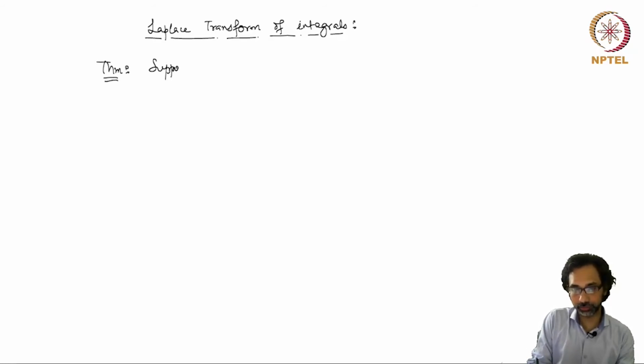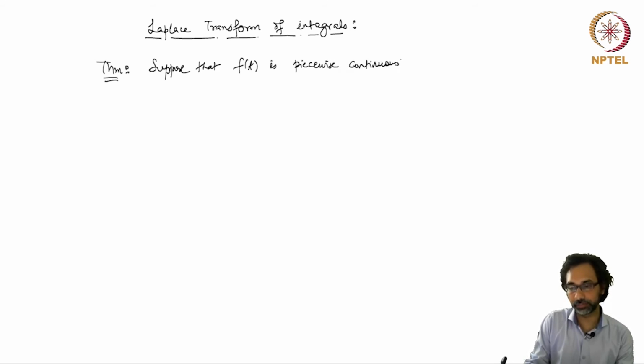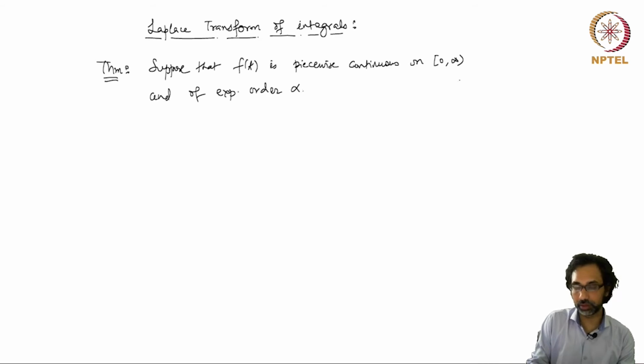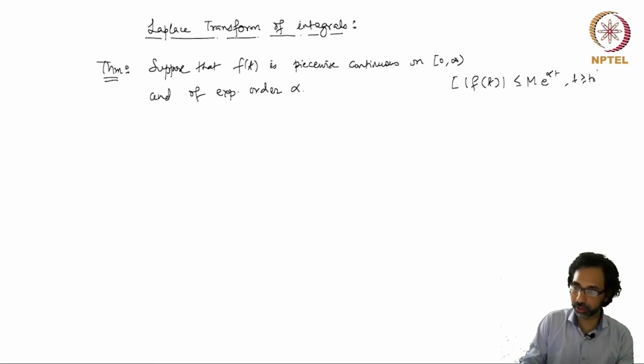Suppose that f(t) is piecewise continuous on 0 to infinity and of exponential order alpha. Remember that this means that the modulus of f(t) is less than or equal to M e^(alpha t) for all t greater than or equal to t naught.